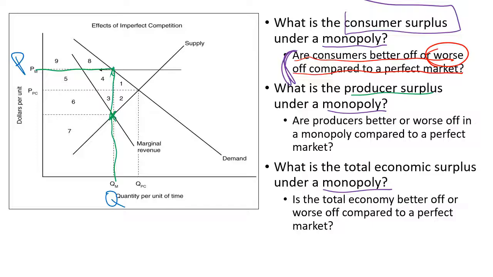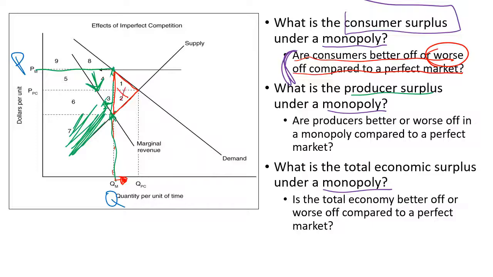And the producer surplus in this case is the area, again, above the supply curve, below the price, but we have to stay within the quantity that we are producing. So it does not include areas 1 and 2 here because that is the revenue that would be brought in by producing greater quantity.